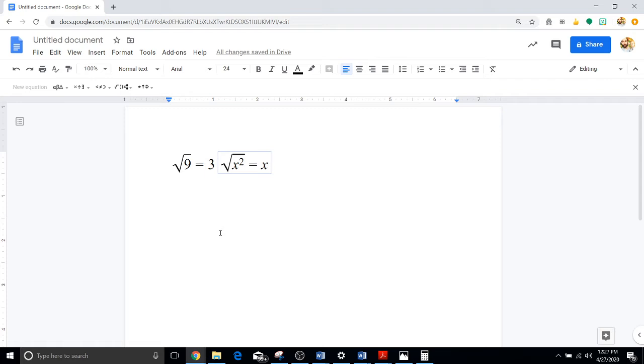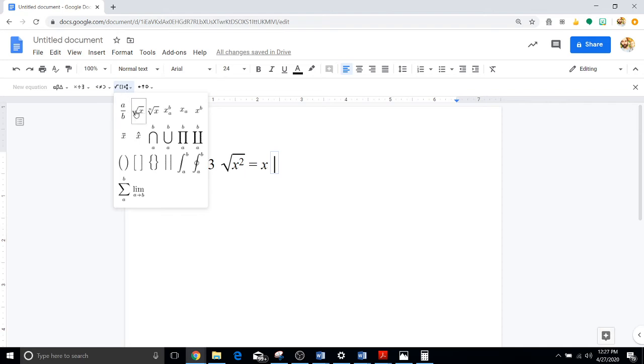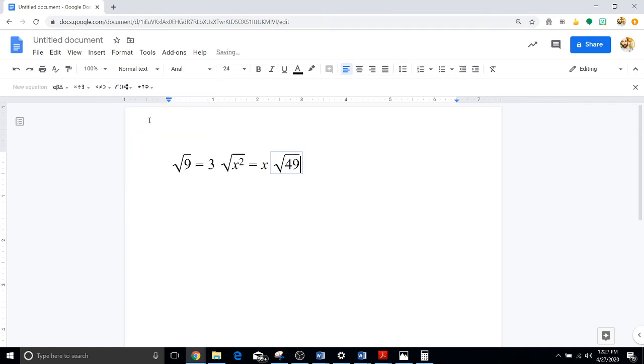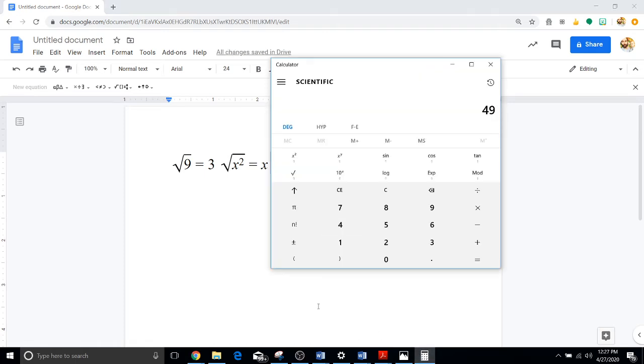I don't think I can do that on a calculator, but I hope you guys know that the square root of a square is just the thing that's right next to it. So there we go. Next equation, we're going to find the square root of 49. And most of you probably already know that that is equal to 7. But in case you doubt me still, 49 square rooted, 7.